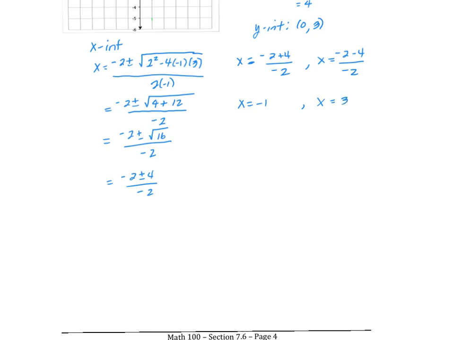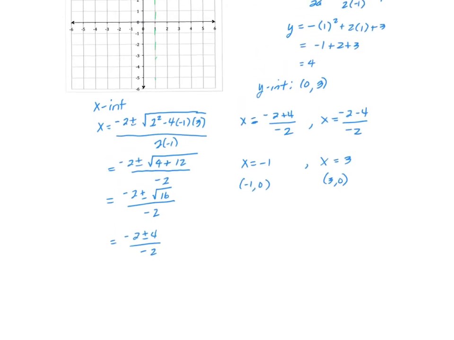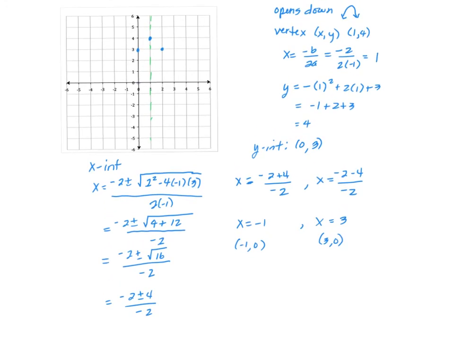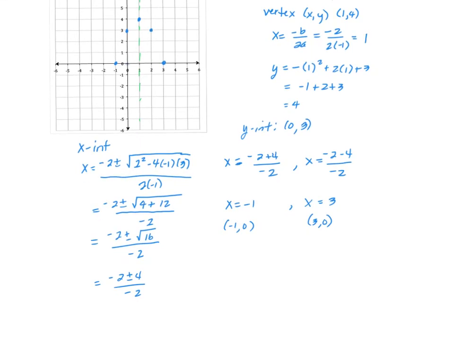So the negative 6 over negative 2 is positive 3, which gives you the points negative 1, 0 and 3, 0. Let's see if those values make sense with my graph. So negative 1, 0, positive 3, 0. Yes, it does. I have on my graph points that show a parabola opening downward.